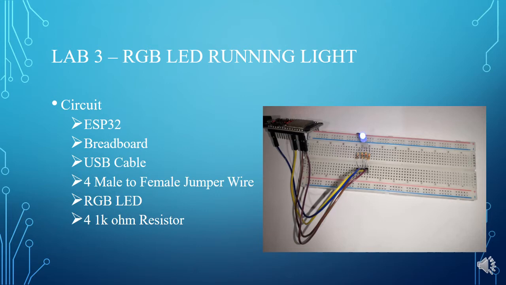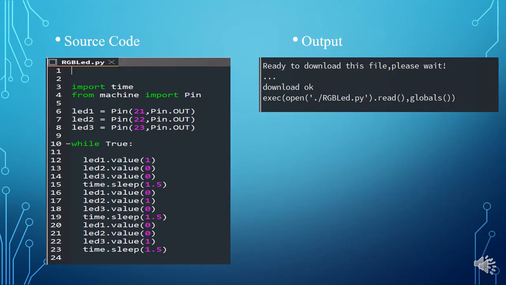So as you can see, the figure below is the circuit that has been formed in this project. Okay, this is the source code for the RGB LED running light. The pin numbers that I've used for the three colors of this LED are pin 21, pin 22, and pin 23.